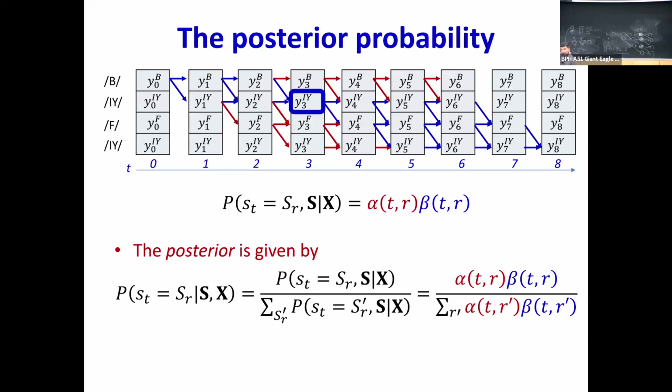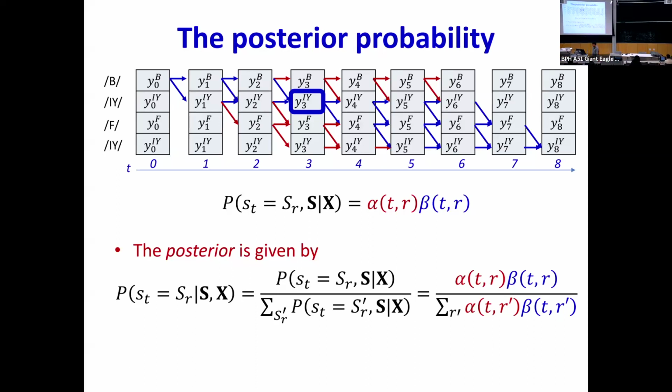So I'm going to divide by the sum to ensure that these probabilities sum to 1. And that is this conditional probability that the third input in this case aligns to the symbol E, or more generally, that the Tth input aligns to the Rth symbol. That makes sense to you guys, right?